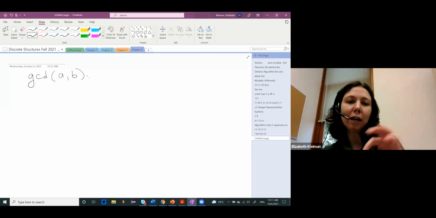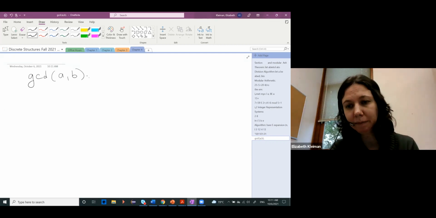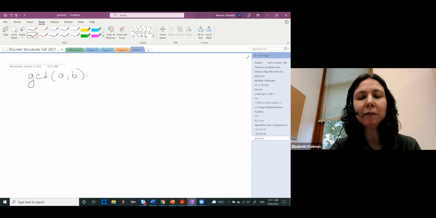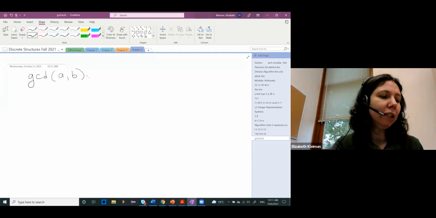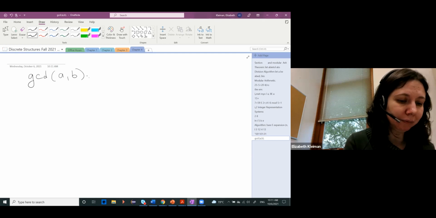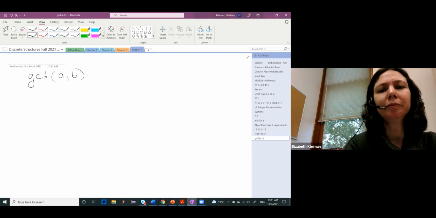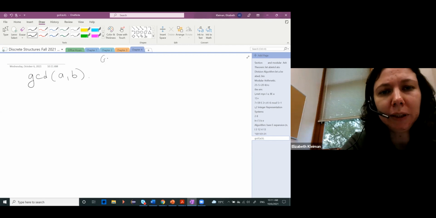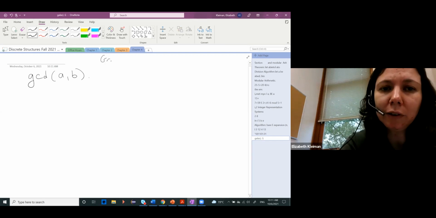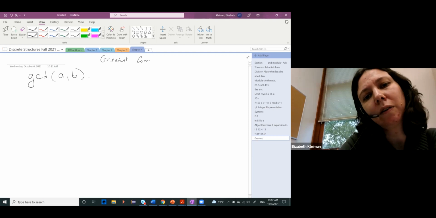When you have two numbers and you want to compute the GCD of A and B, in case somebody doesn't know, we are looking at the greatest common divisor.